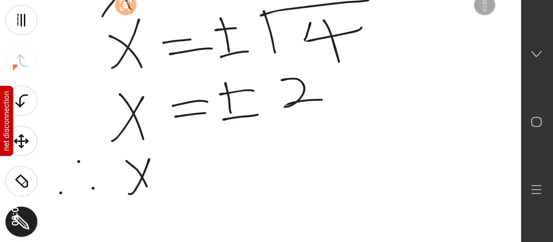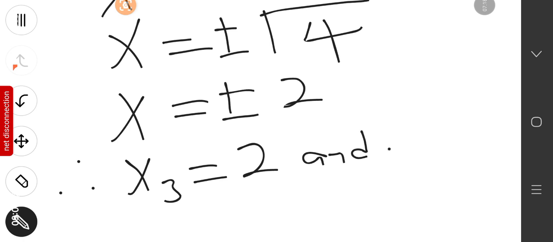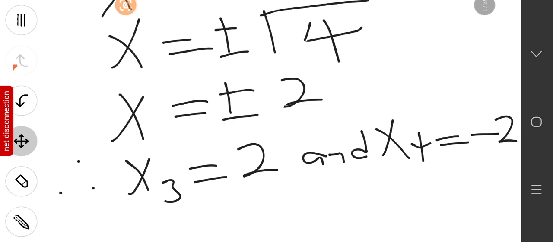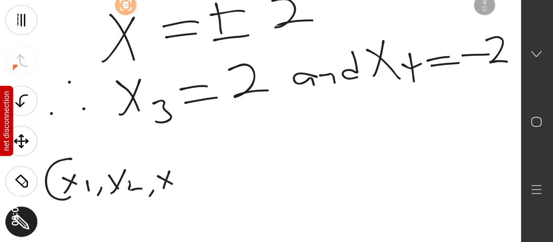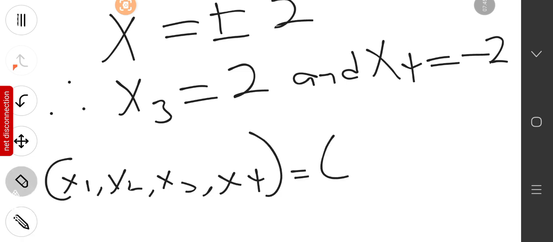Therefore, x3 is 2 and x4 equals minus 2. All right, so this is a quartic equation, so we are supposed to have 4 answers. So x1, x2, x3, x4, now let's state the solutions we had.